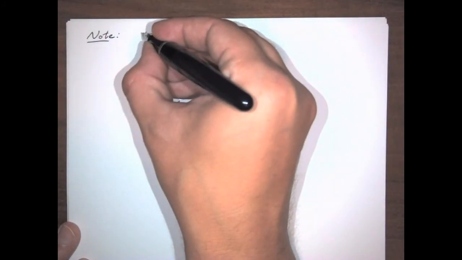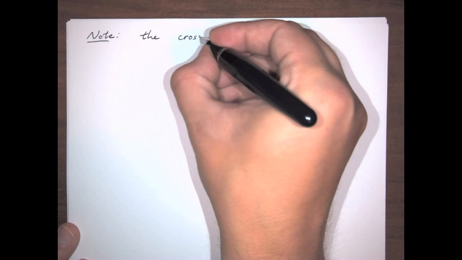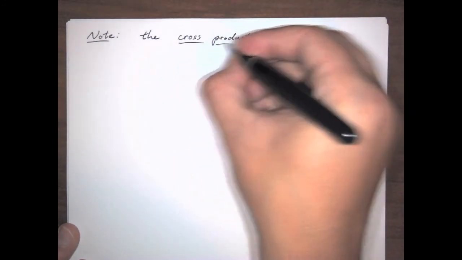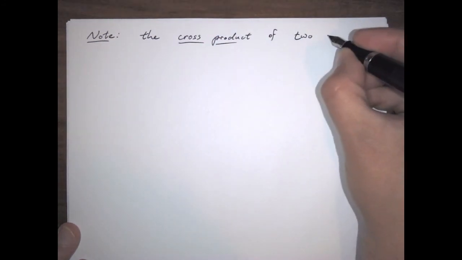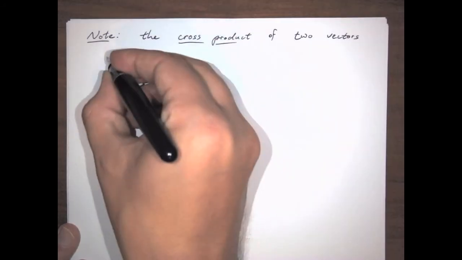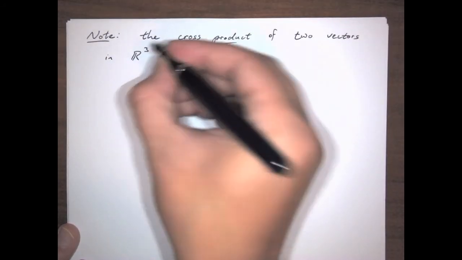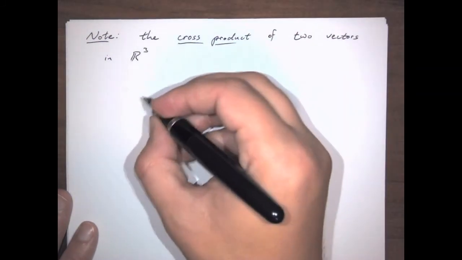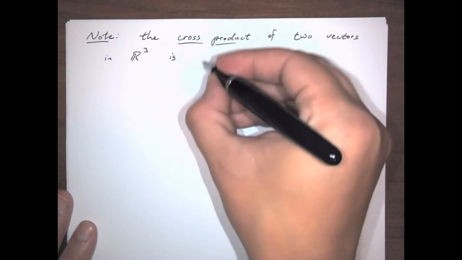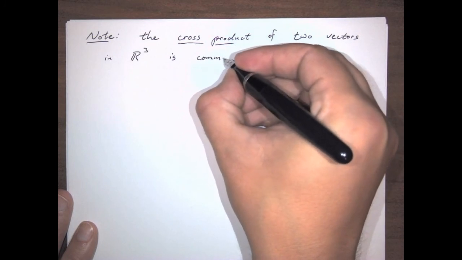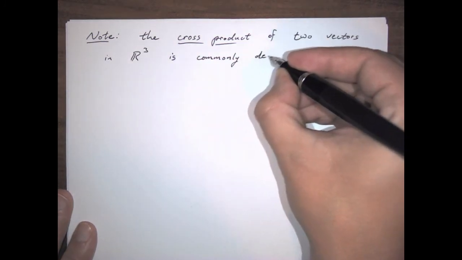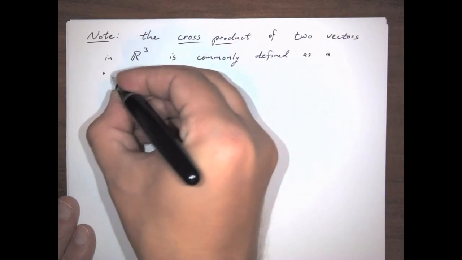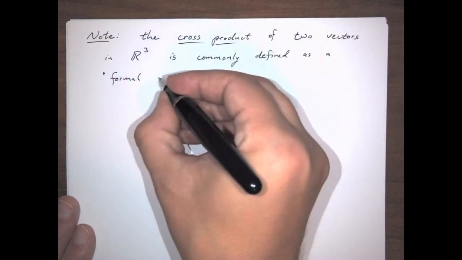So note, the cross product of two vectors in R3, also sometimes called the vector product, although technically cross product is the older name and is the more common, is commonly, not always, but commonly defined as a formal determinant.